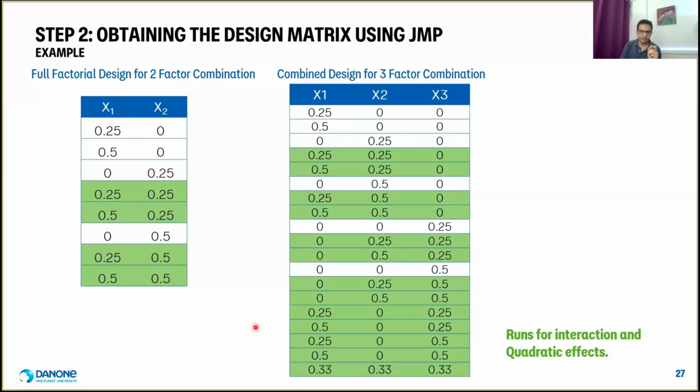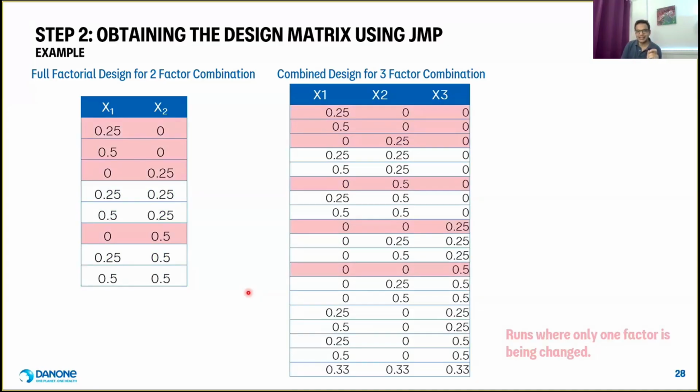In this particular case, these are the runs which are important for interaction and quadratic effects, and these are the runs where only one factor is being changed. But we have already performed these experiments, where we looked at main effects, in our first step.